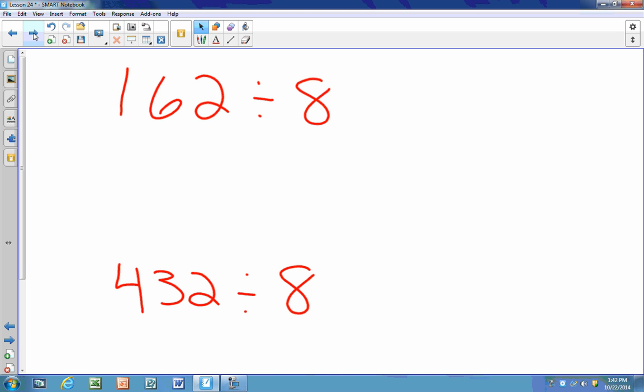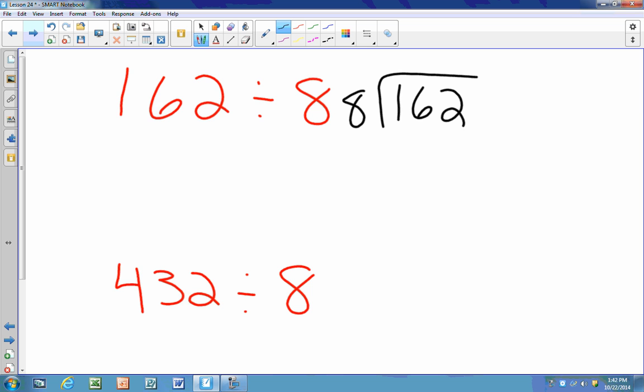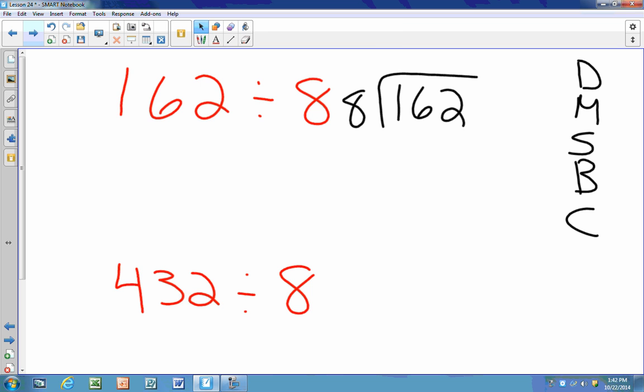Next problem I'm going to go over is 162 divided by 8. So I have 162 divided by 8. I have my divide, multiply, subtract, bring down, and circle. I ask myself, how many times can 8 go into 1? It's 0. 0 times 8 is 0.